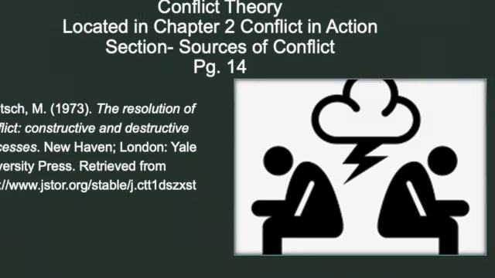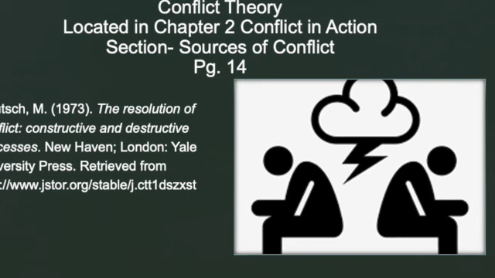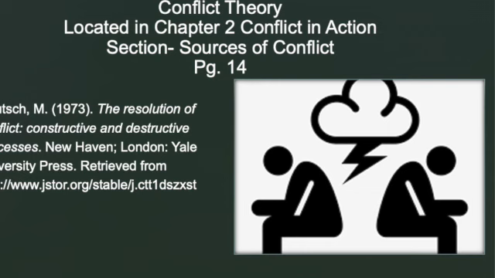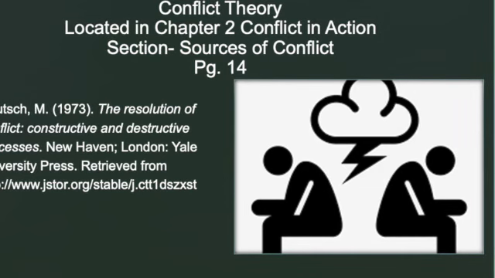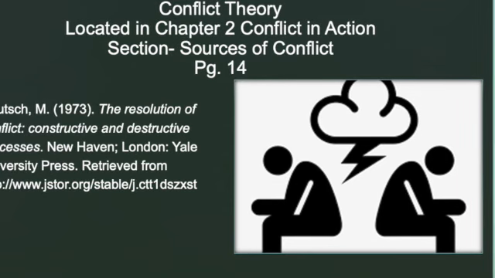Conflict theory, specifically the sources of conflict, are found in Chapter 2 of the textbook, and the information that I read about and we'll be talking about now is found on page 14. And knowing the sources of conflict is very important because it gives way to the underlying issues that fuel the conflict.